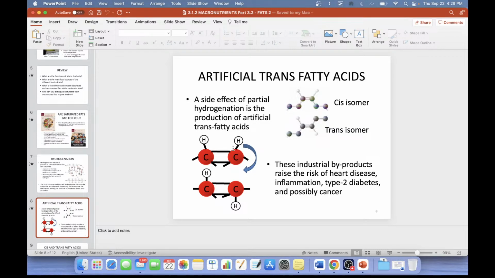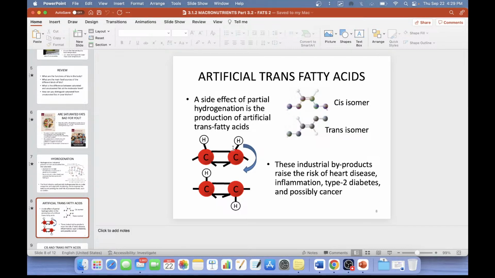If at the point of the double carbon bond, the hydrogen atoms are attached on the same side of the carbon chain, then the molecule is a cis molecule. If instead they are attached so that the two hydrogen atoms are on opposite sides of the carbon chain, that's a trans fatty acid. And it's a trans molecule.